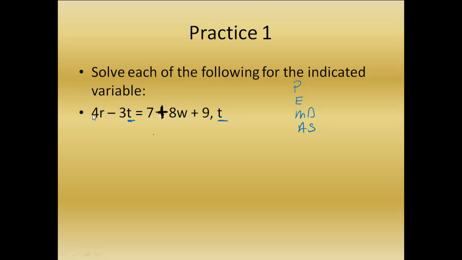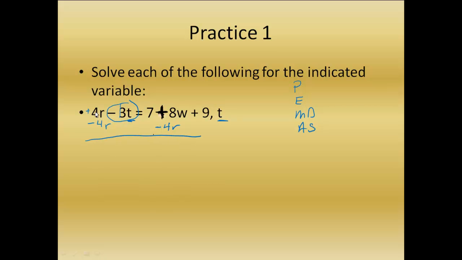I've got a 4r here that I need to subtract away, because right now I've got my t term and a positive 4r. Keep in mind this minus sign, or negative sign, however you want to look at it, goes with the 3. It is not attached to the 4r. So the 4r is still a positive, which means to get rid of it I have to subtract 4r from both sides of my equation.